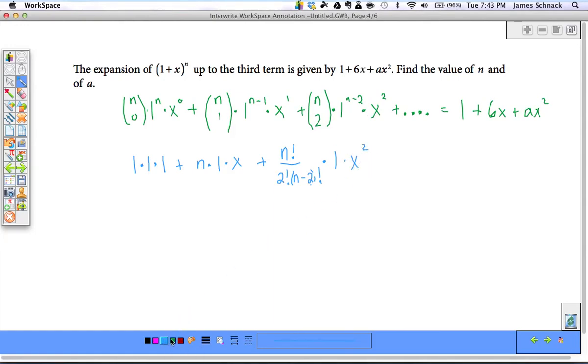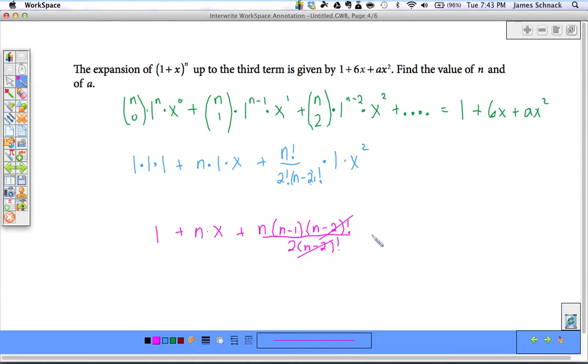Let's keep cleaning. First term is 1, plus n times x, plus, now we've got to work with this a little bit. N factorial is n times n minus 1, an integer 1 less than n, times n minus 2 factorial, over 2 factorial, which is 2, times n minus 2 factorial.